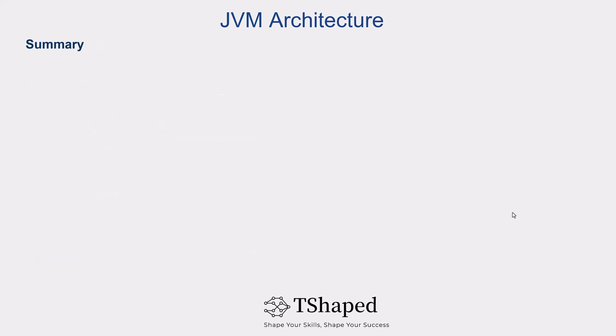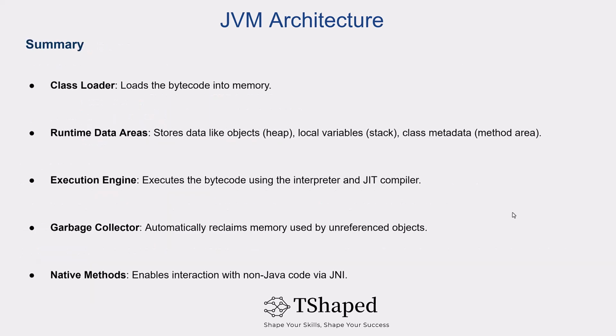Fine. Just to summarize, the JVM has these important components. Number one, the class loader, which loads the entire bytecode into memory, allocates memory for static variables, and if there is any static block, that gets executed. Then we have our runtime data areas, which store memory for objects. Whenever you create an object, memory for instance variables is allocated inside the object, and static variable memory is allocated in the heap area.